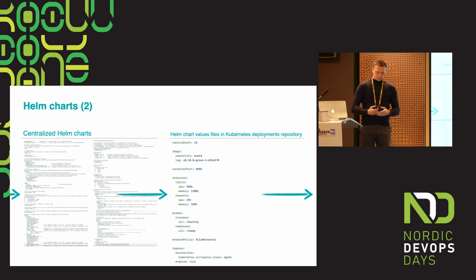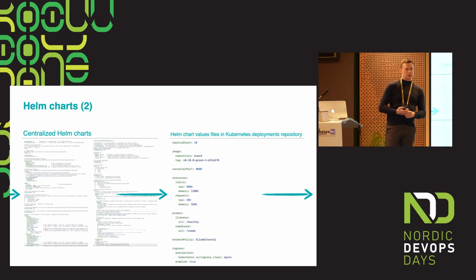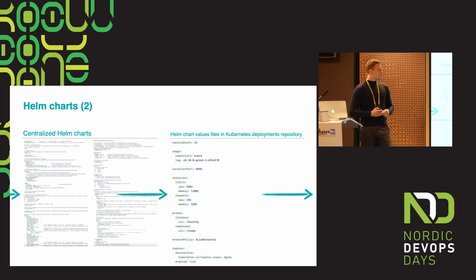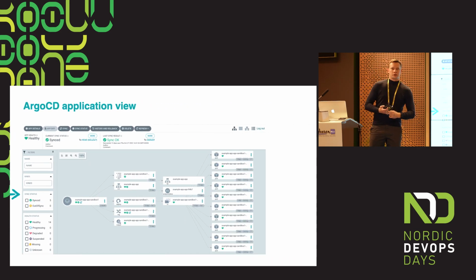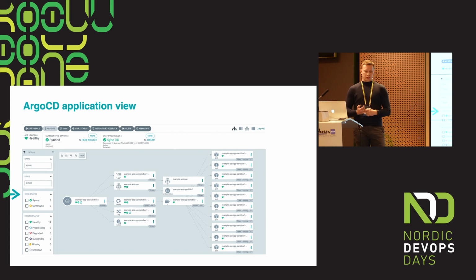And for example, if we go back, the production application YAML file from the developer's perspective actually ends up like this YAML file. And that's it. Their application is deployed in the Kubernetes cluster. And this is how it looks from the Argo CD perspective.